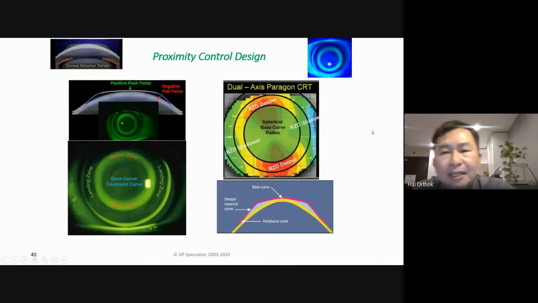You can see on the Paragon CRT, they provide a deeper returning zone depth right here and on the inferior bottom of the lens. So when the patient blinks, the lens is stable and centers itself onto its area.